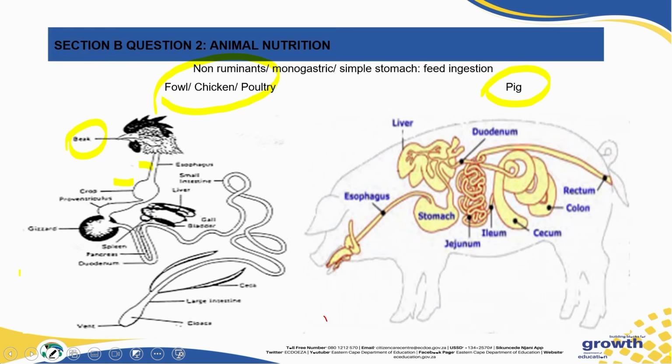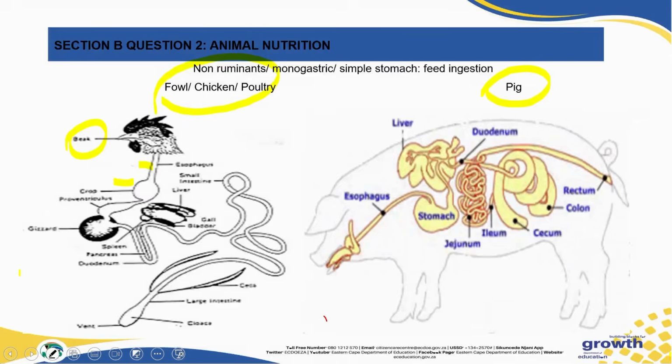When we talk of the function of a crop in digestion, we don't mention the storage part. We talk of softening and moistening of food. We don't mention anything about storage because it is not part of digestion.